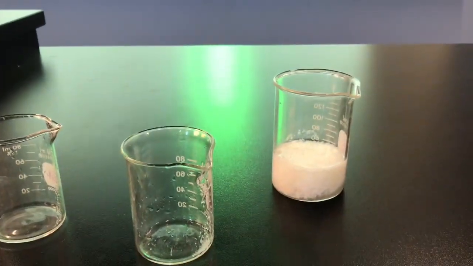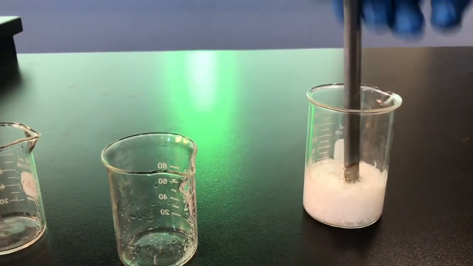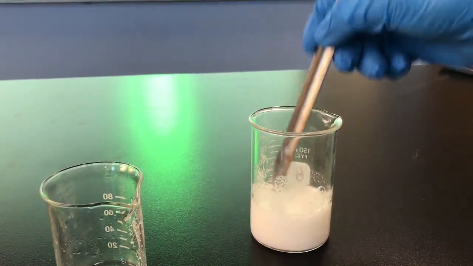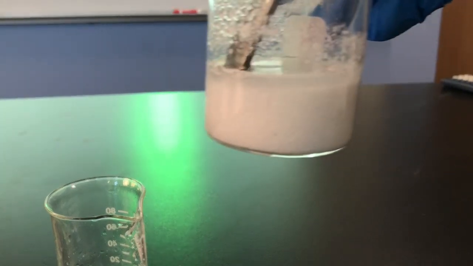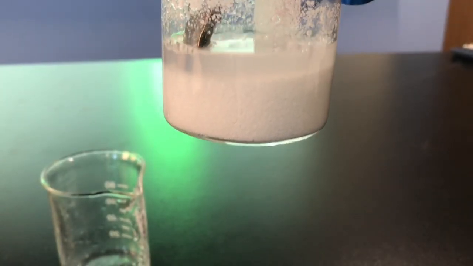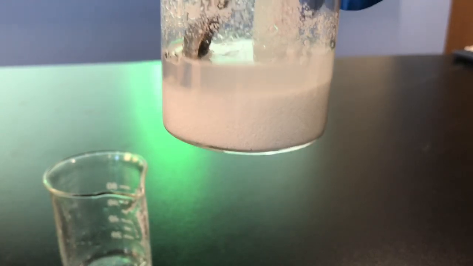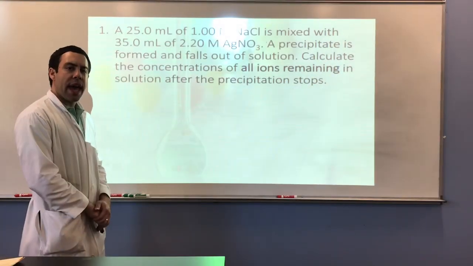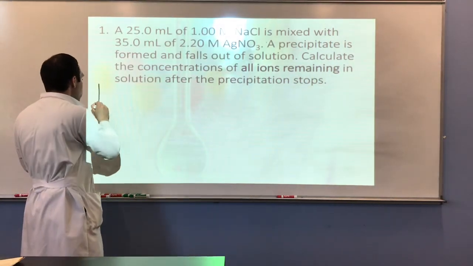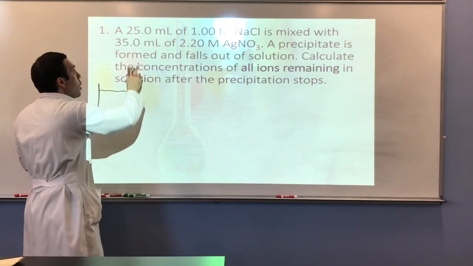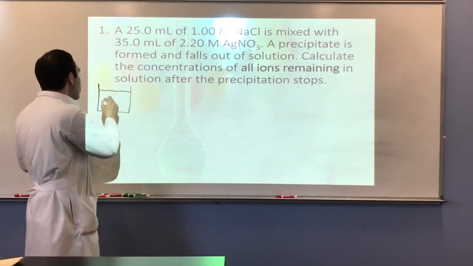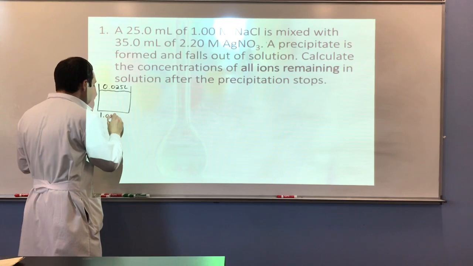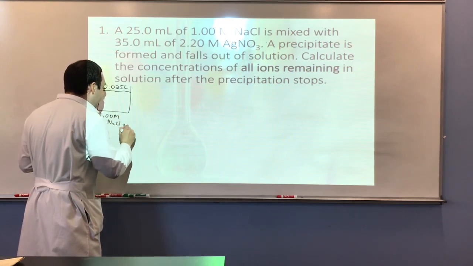And as you can see, even without stirring, a white precipitate is being formed. Okay, so let's see what happened. Our first beaker, which contained 25 milliliters, which is 0.025 liters, of 1.00 molar NaCl aqueous.